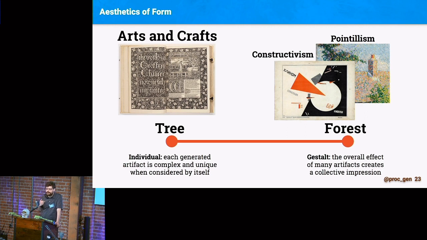For example, if your generator is more concerned about individual artifacts, it could be related to the way the arts and crafts movement was reacting against mass-produced consumer objects and wanted things to be handmade and individual. Versus if we're looking at a generator that's more on the forest side, we can talk of it in terms of pointillism or constructivism, where the individual dab of paint or the red triangle or this particular room in the dungeon don't mean very much on their own, but when you put it together in a whole picture, it starts making more sense.